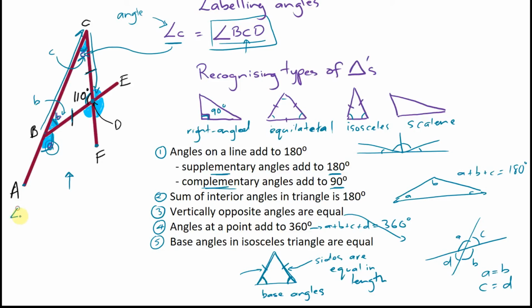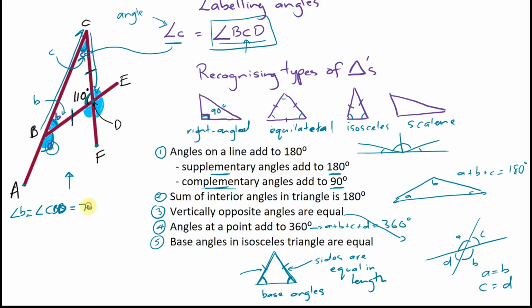So angle B, which is equal to CBD, is equal to, now we've got 110 degrees at this angle here, which means what is left over? 70 degrees.